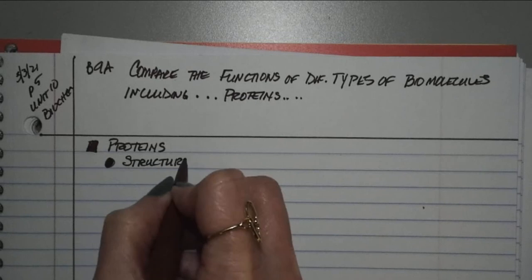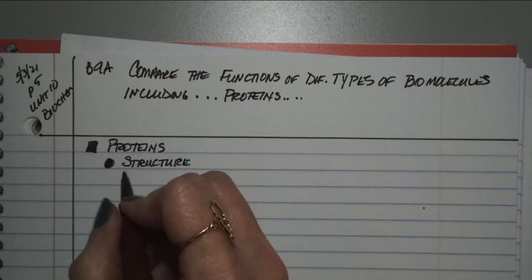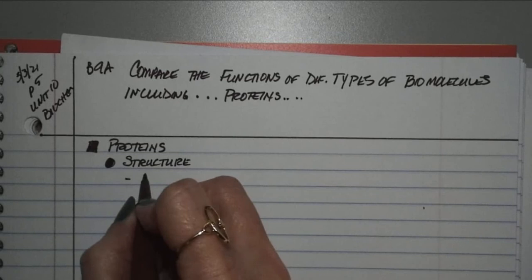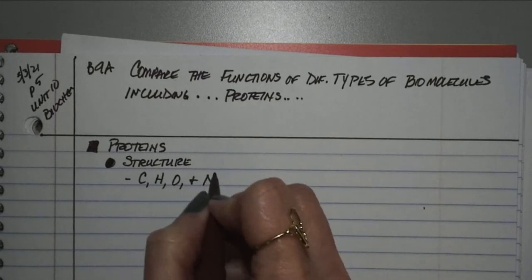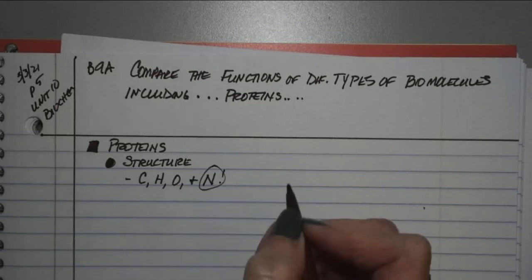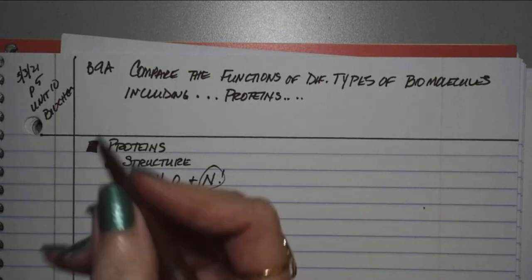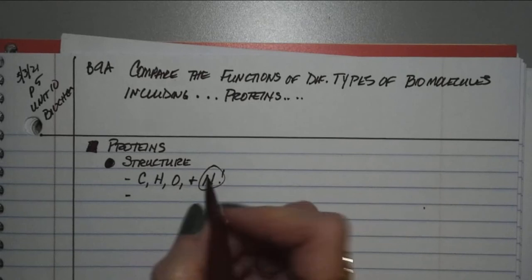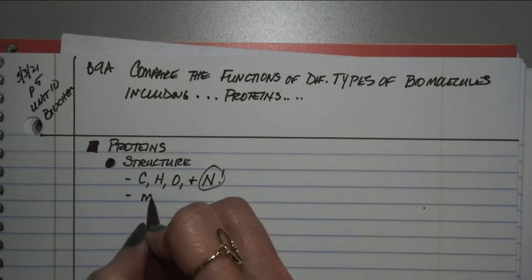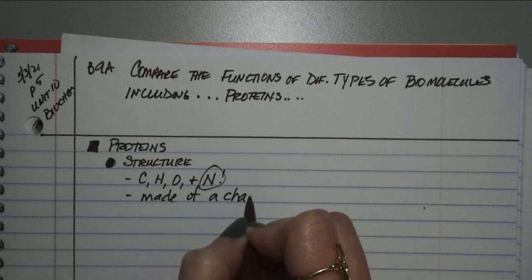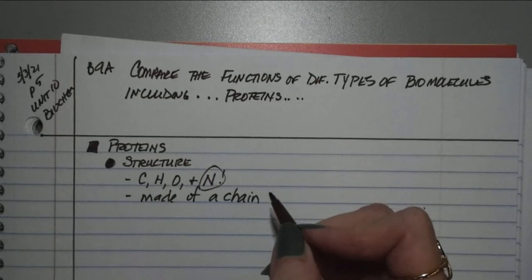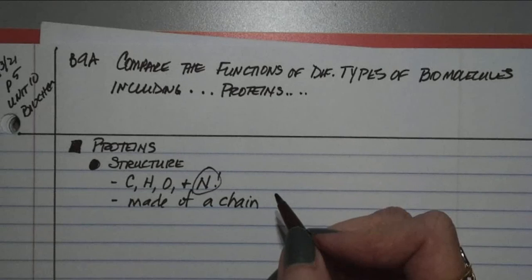It's made of carbon, hydrogen, oxygen, and nitrogen. This is what makes it quite a bit different here. It's got the nitrogen on there. What are proteins made of? Amino acids. There you go. So it's made of a chain of amino acids. Does that say? Oh yeah, that does.